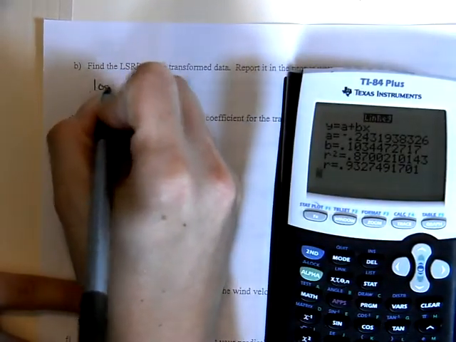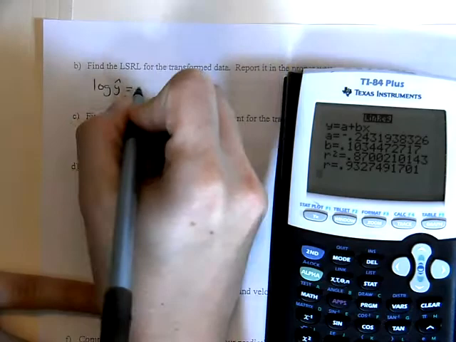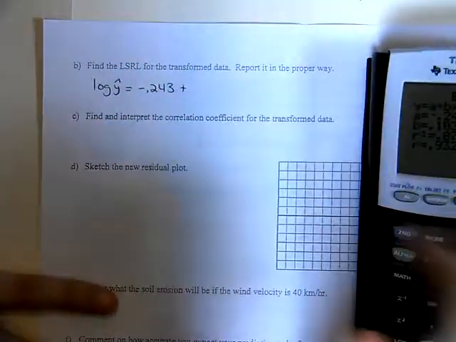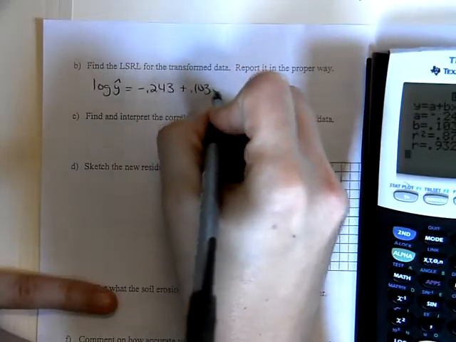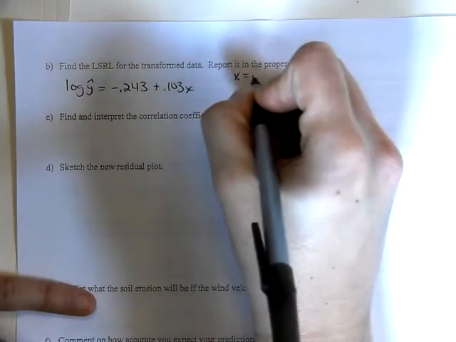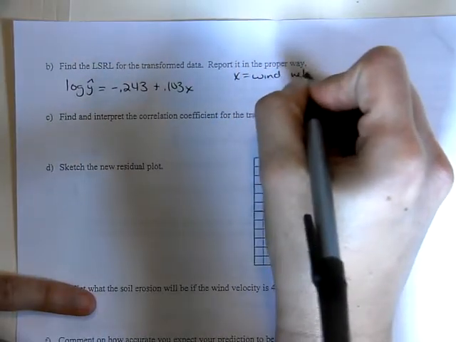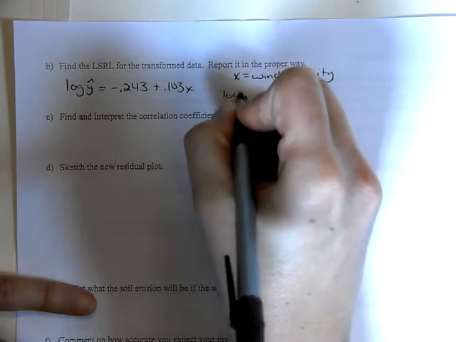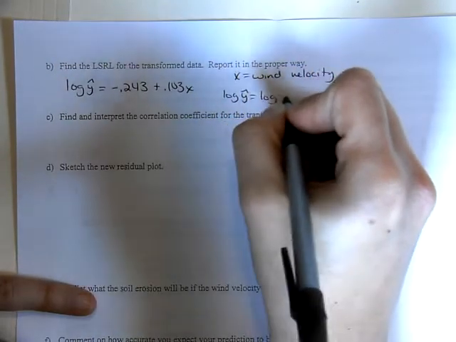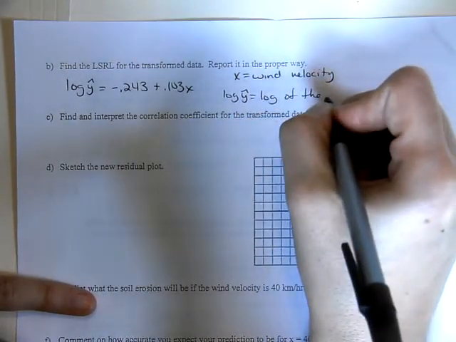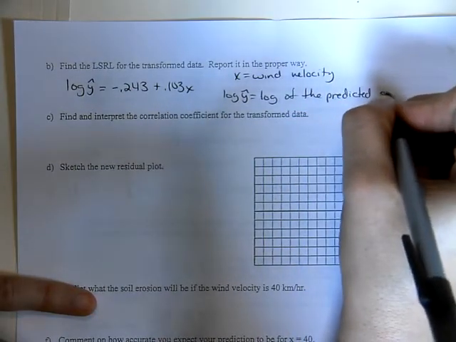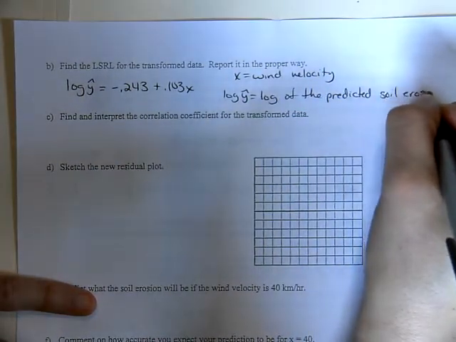I have log y hat equals negative 0.243 plus 0.103x. Again, let's define our variables here. X is the wind velocity. Log of y hat would be the log of the predicted soil erosion.